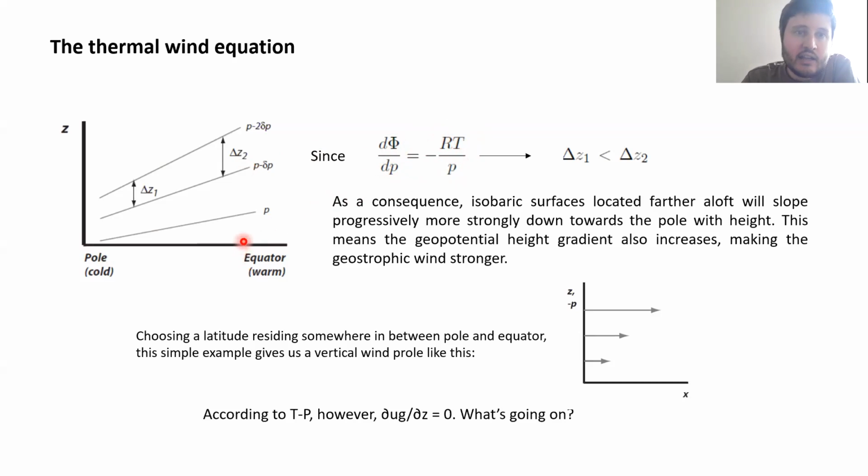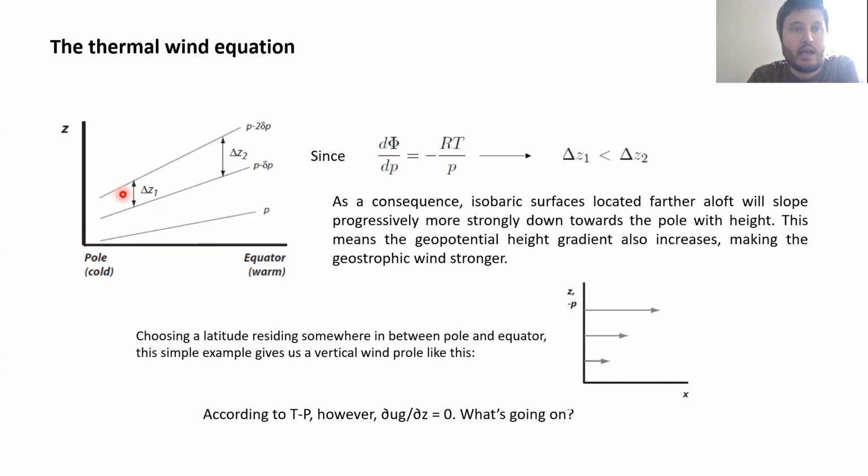That means that because the equator is warmer, the lines of constant pressure are more separated from each other than they are on the cold poles, where the lines of geopotential are more packed together. Remember that the thickness of a layer of atmosphere is proportional to the temperature of this layer.